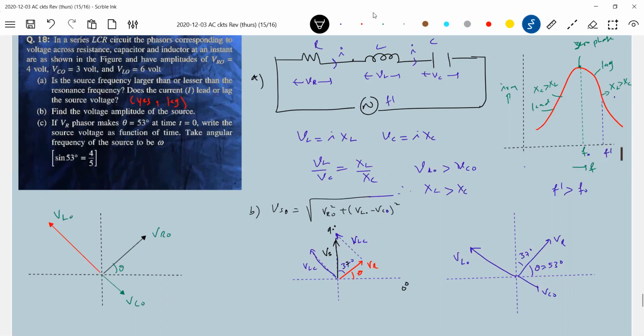So therefore, what equation can we write? Vs equals, anybody, value of 5? Shall we write this much? 5 root 2? It should be the peak value. 5 is the RMS value. 5 root 2.